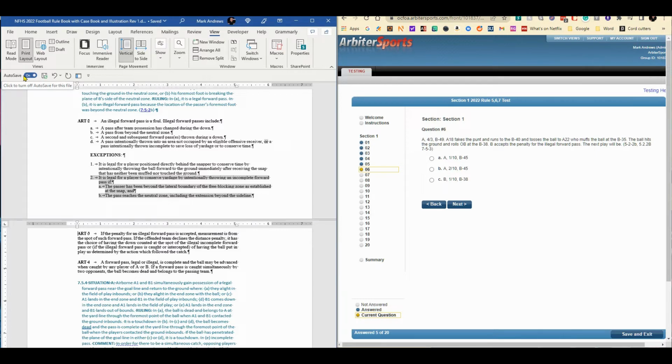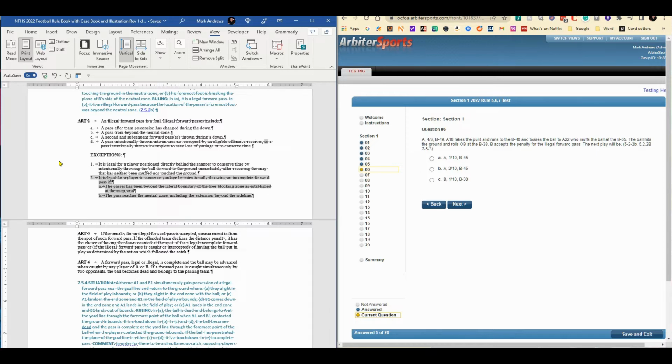So the rule references 752B, and it simply says an illegal forward pass is a foul. Illegal forward passes include a pass from beyond the neutral zone, which is what we have here. The interesting thing about the penalty for an illegal forward pass is it's from the spot of the pass.